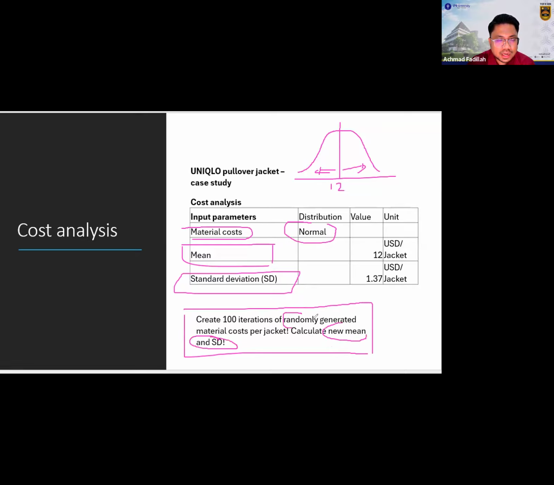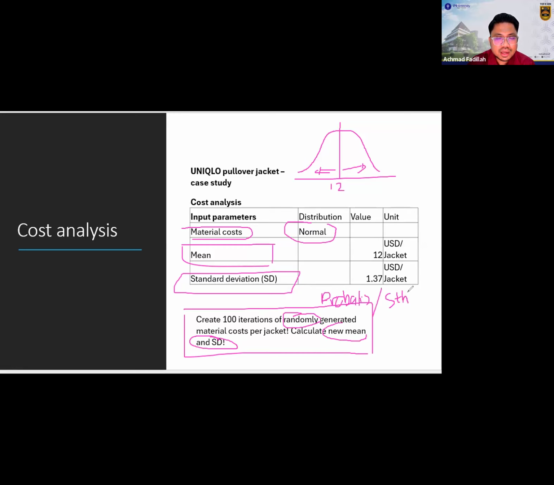Why do we need to randomly generate it here? Because we already understand that Monte Carlo simulation modeling is probabilistic, or stochastic modeling.